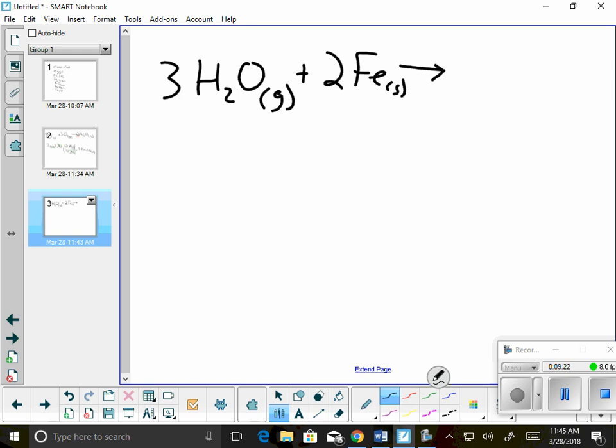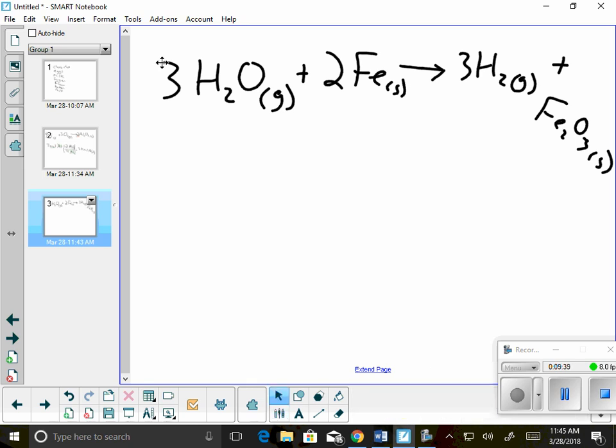Hydrogen gas is H2. And I'm running out of room, so I'm going to put my Fe2O3 down here, which you probably wouldn't know is a solid. Fe2O3 is the formula for rust. Every stoich problem starts with a balanced equation.